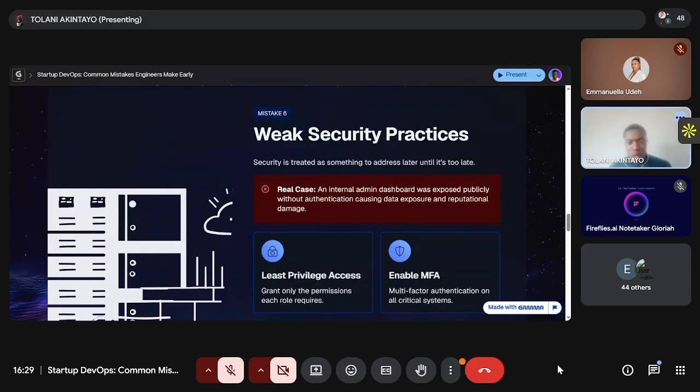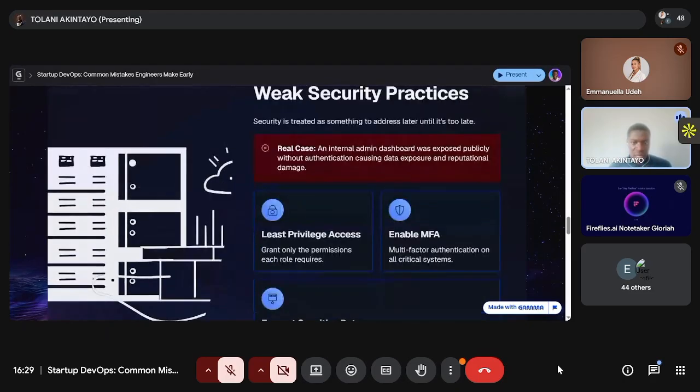Some of the ways you can put in security is by enabling multi-factor authentication. It should be enabled. So in the AWS ecosystem, because I'm more conversant with that, I've worked with it for a while, when you create a root user, you enable MFA with it, and basically put it aside.